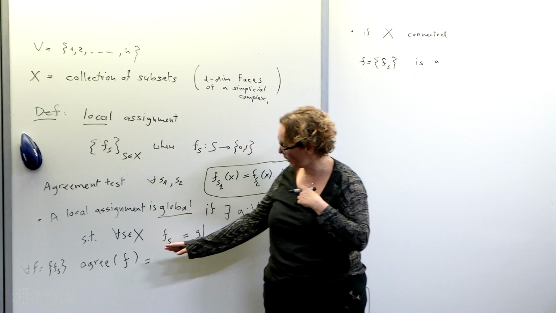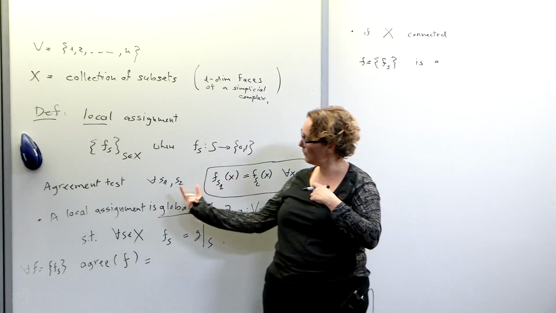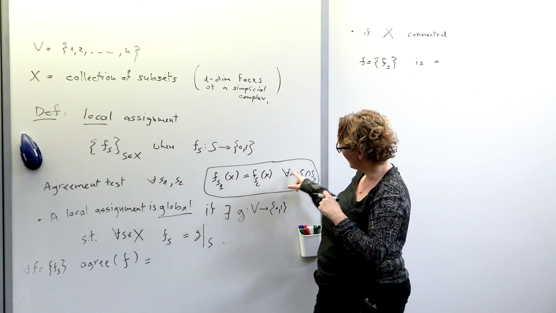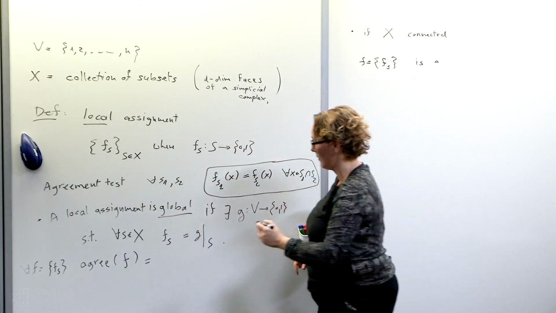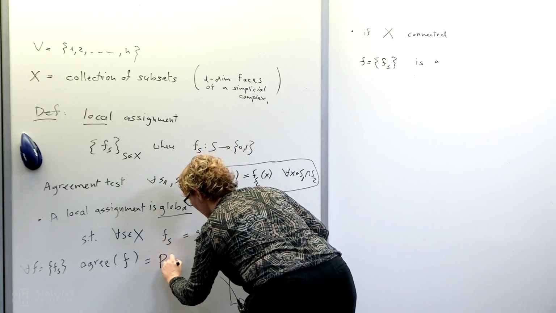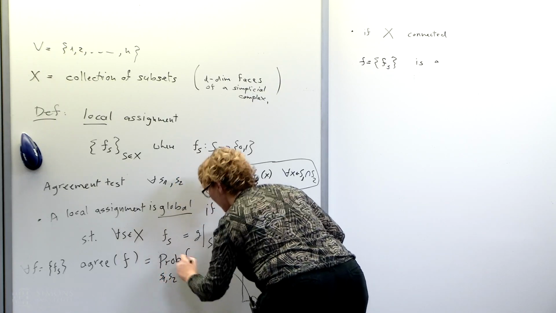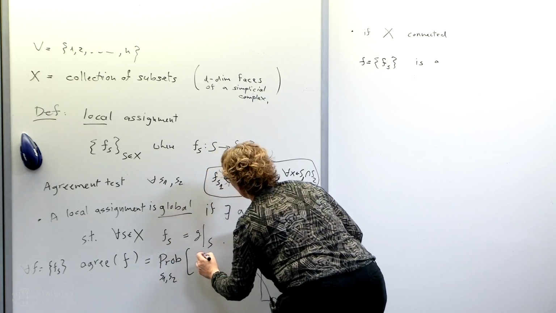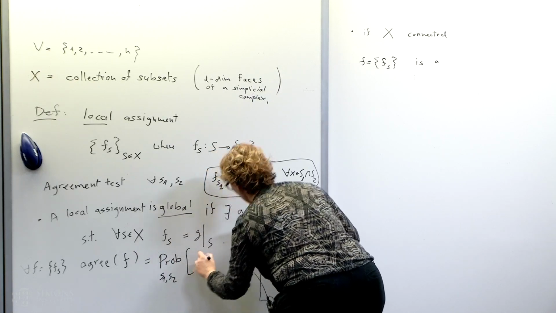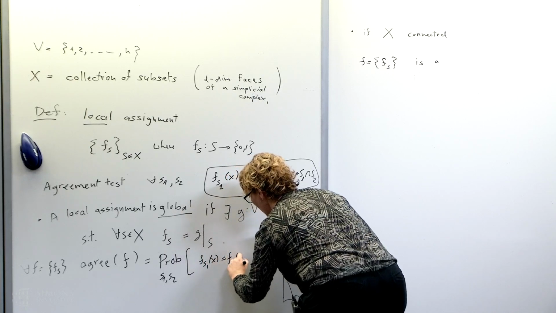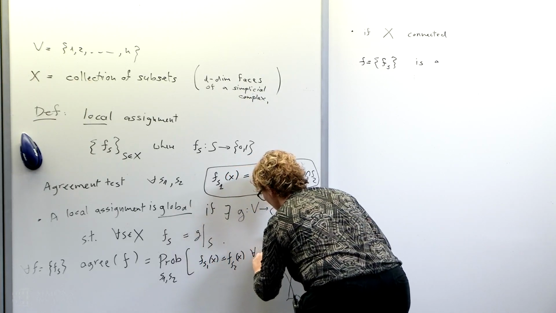It's going to be the fraction of tests when I choose S1 and S2 at random that satisfy this agreement test. Okay, so the probability over choosing S1 and S2 such that this condition holds: Fs1 at x equals Fs2 at x for every x in S1 intersect S2.